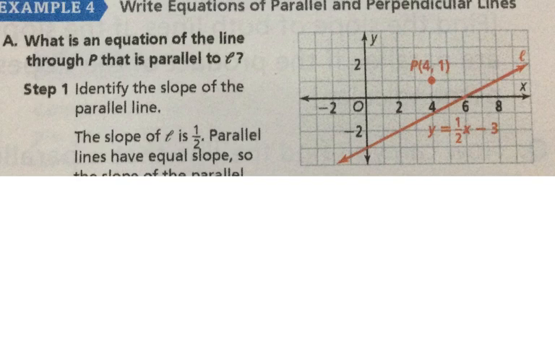The next part of the question is, what if I want it to be perpendicular to this line? It's the exact same setup, but instead of finding a parallel line, I want to find a perpendicular line, one that's going to intersect it and form a 90-degree angle.